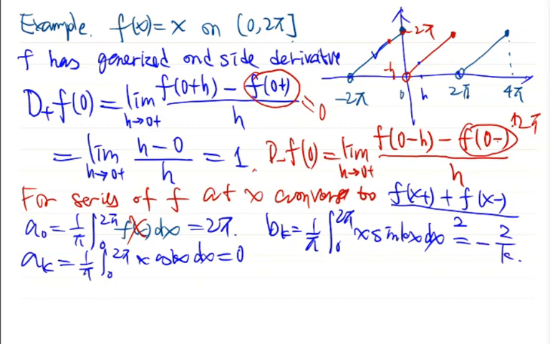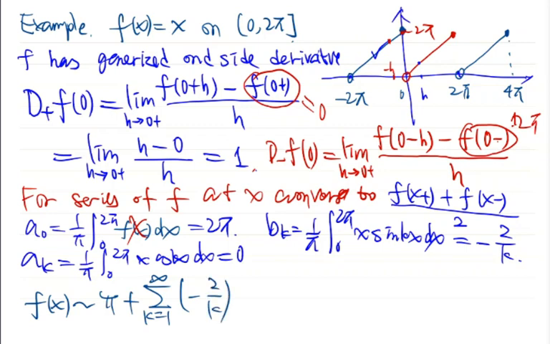Okay. So the Fourier series is that the Fourier series of f(x): a0 is 2 pi, but half of a0, that is pi, minus the sum of k from 1, bk is minus 2 over k, then sine kx.